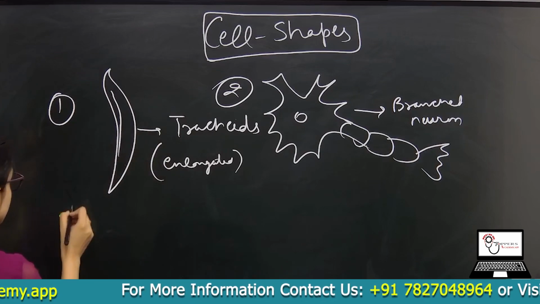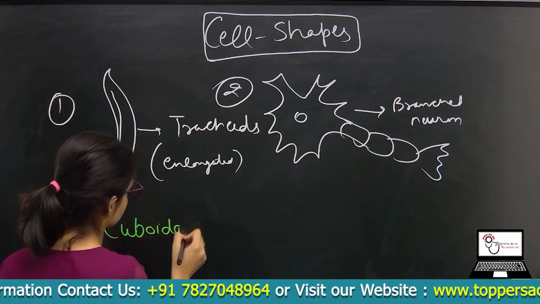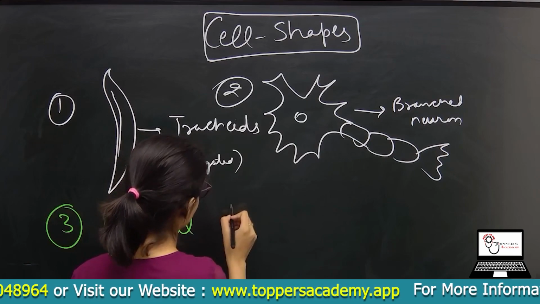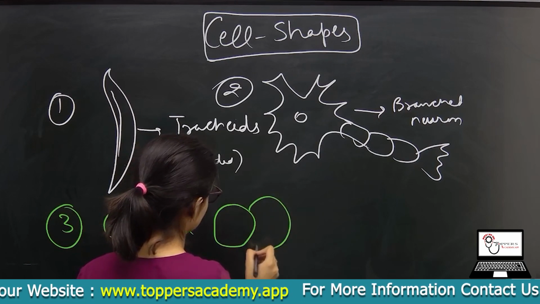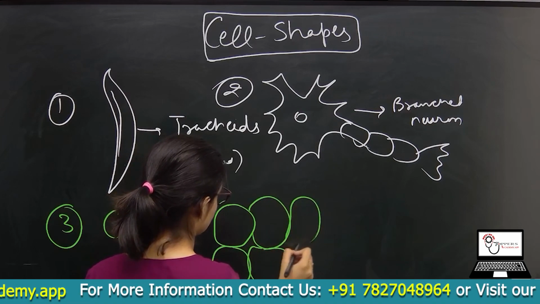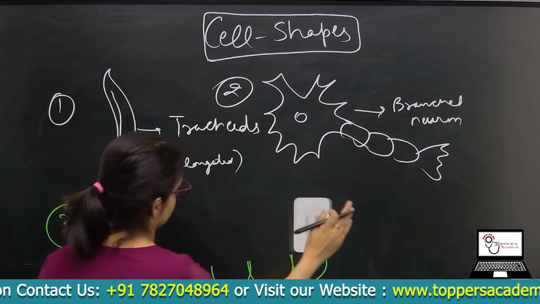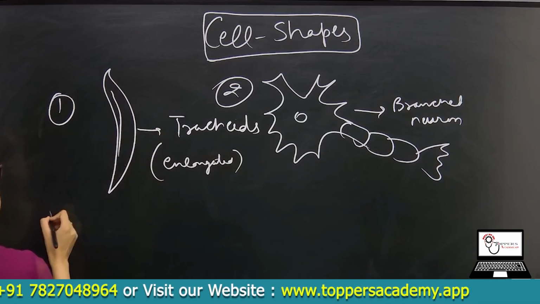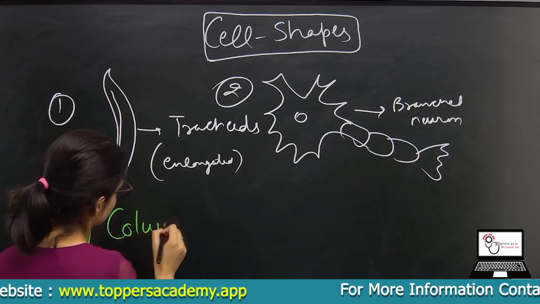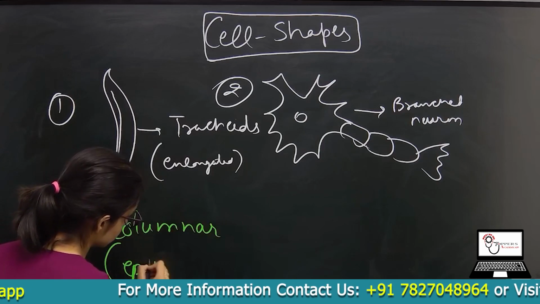The third is the cuboidal. The next is the columnar, in the epithelium.